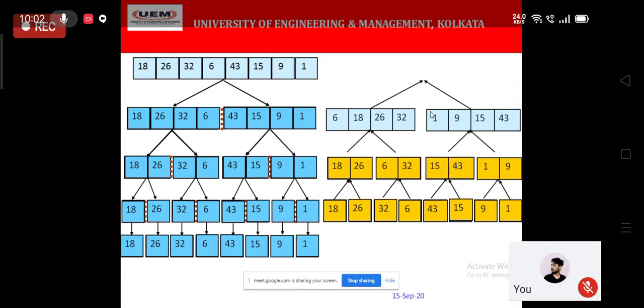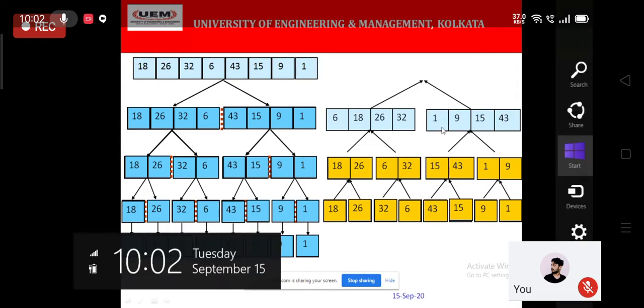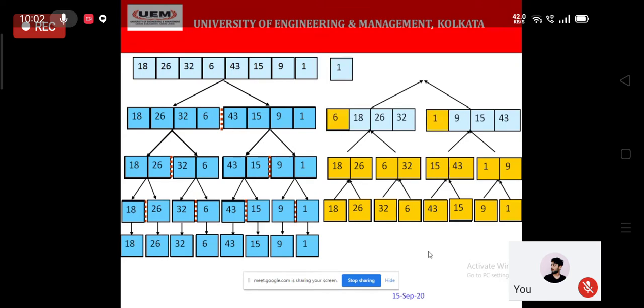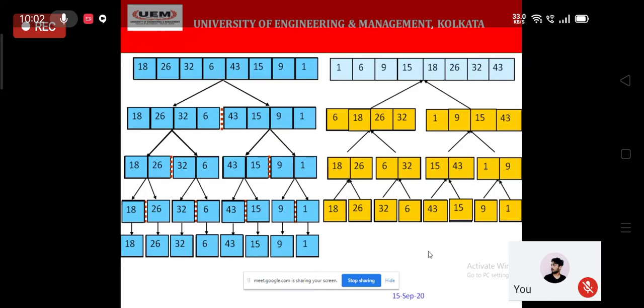Again the pointer is incremented in the right side array. So this will point to 15. So now 15 and 18 will be compared and things will be taken in the order that they should be. This way the things will continue and we will get the elements one by one. So this is the approach of how merge sort actually operates.